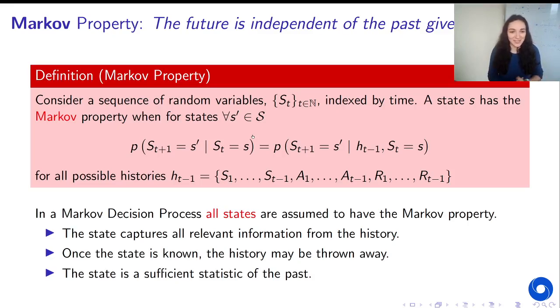And a different way of saying this is that the state is a sufficient statistic of the past. So anything that has happened in this interaction process, in terms of its information about future transitions, is summarized in the current state, in the current observation.